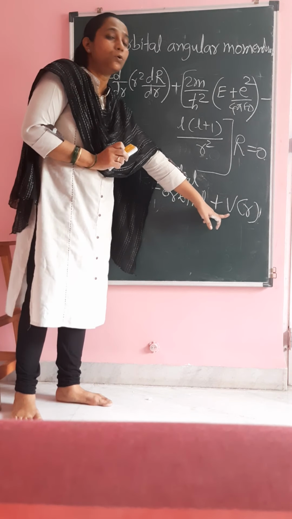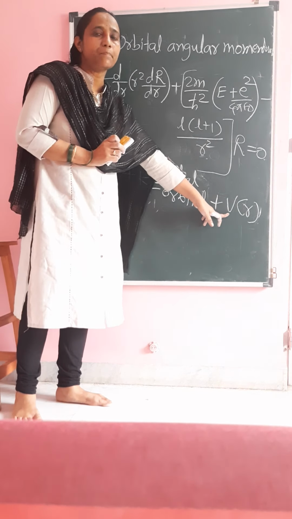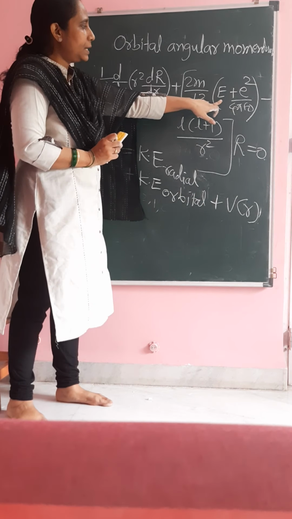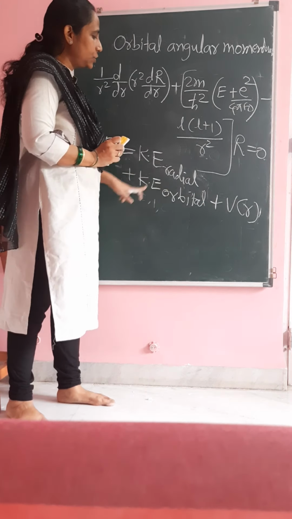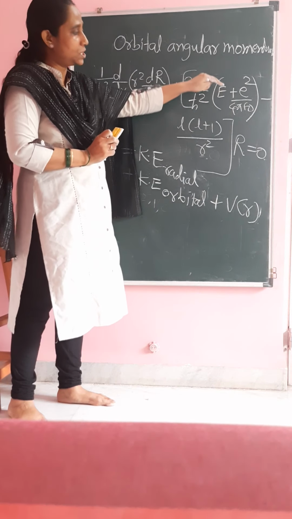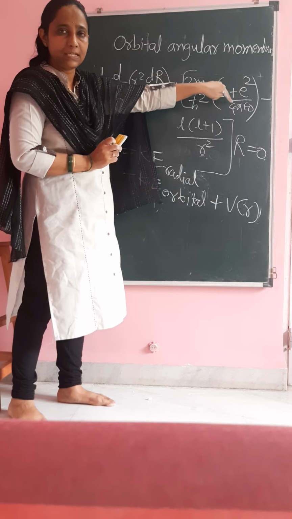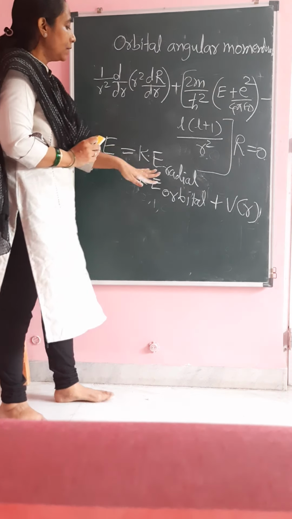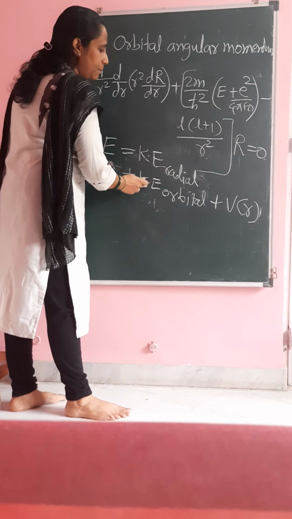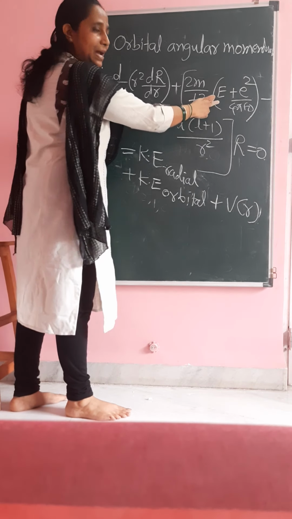Now you already know the expression for V(R). It is minus e square by 4 pi epsilon naught R. At the place of E, when we will substitute all these three terms, that minus e square by 4 pi epsilon naught R will get cancelled with this particular term. Okay, then what will be left? Then kinetic energy radial plus orbital will be left at this place.